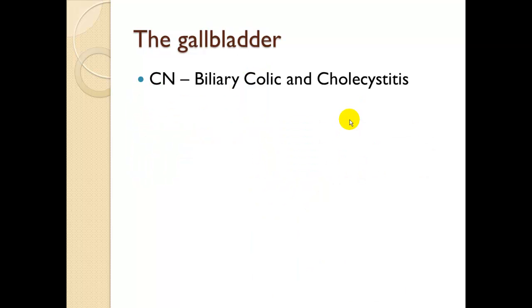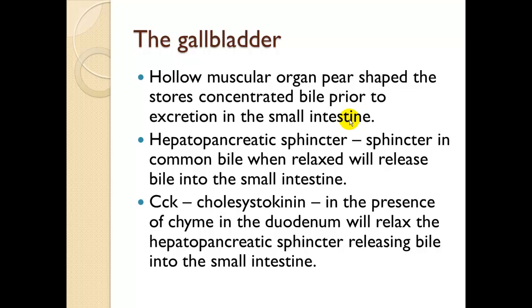The gallbladder. We'll talk about a clinical note, biliary colic, and cholecystitis. The gallbladder, a hollow muscular organ, pear-shaped, stores concentrated bile prior to the excretion in the small intestine. So this thing stores bile, which is produced by the liver. Hepato-pancreatic sphincter, a sphincter in the common bile duct, when relaxed, will release bile into the small intestine.